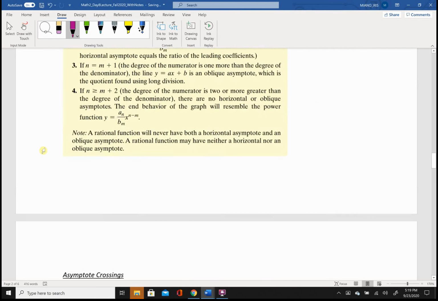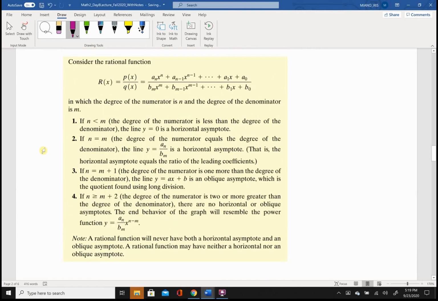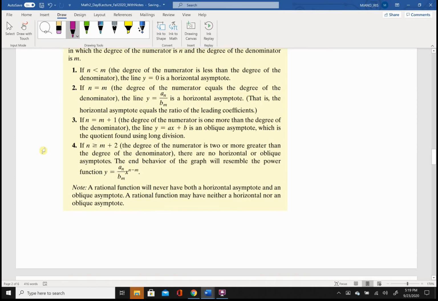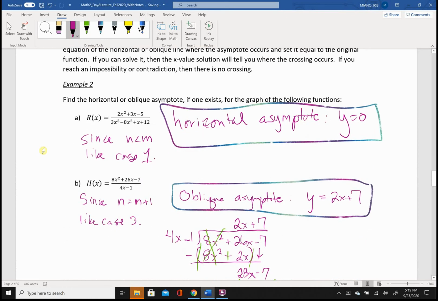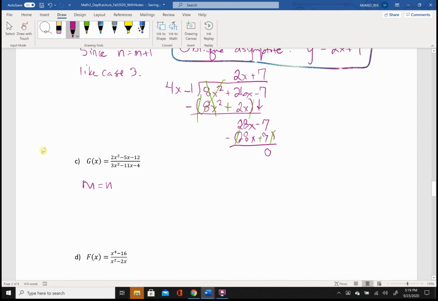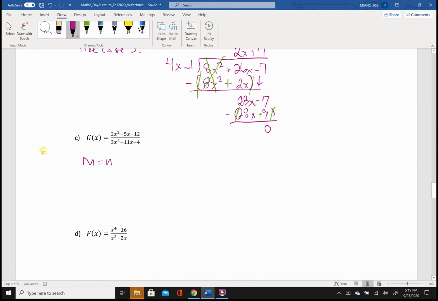It's going to be like case 2, I want to say, yes, in which we take the ratio of the leading coefficients in order to find the horizontal asymptote. And that's the kind of asymptote that we have. So it's like case 2, if you want to put a little note there. It's a horizontal asymptote.